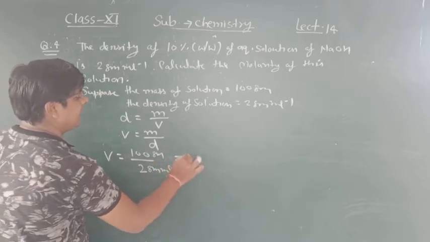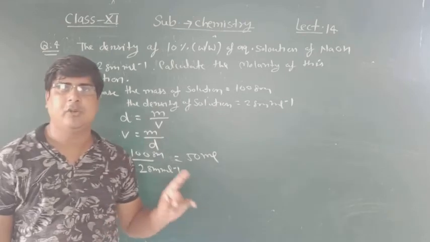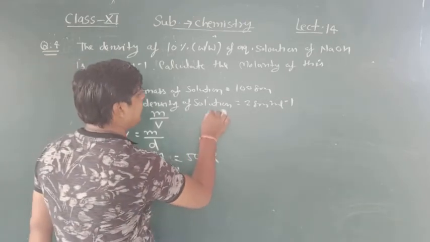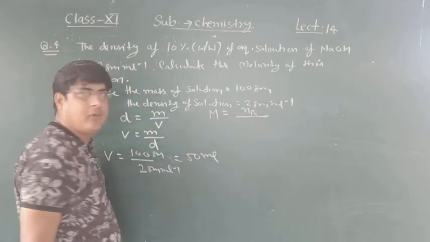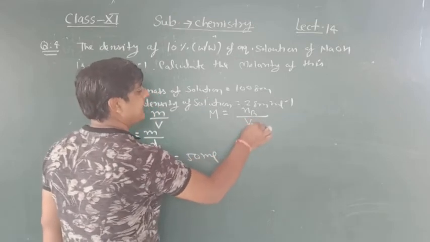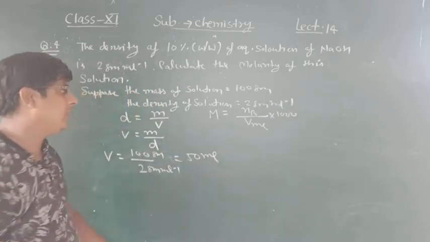So here the volume is 50 ml. Now we will calculate the molarity. Molarity is equal to number of moles of solute upon volume, and here volume is in milliliter, so we will multiply it by 1000 to find the volume in liter.